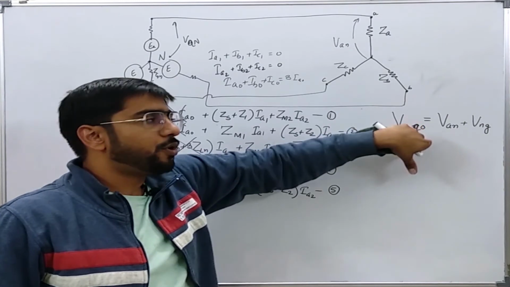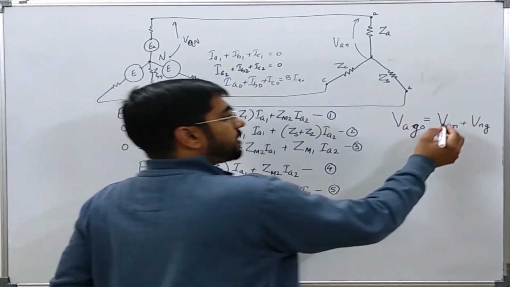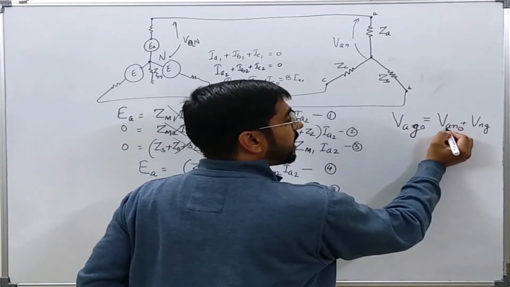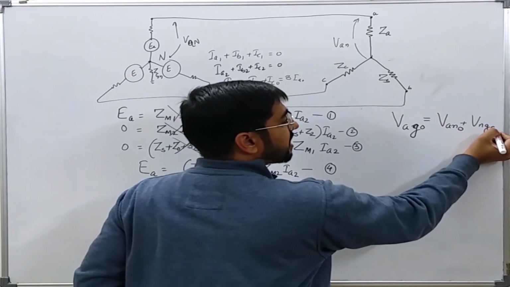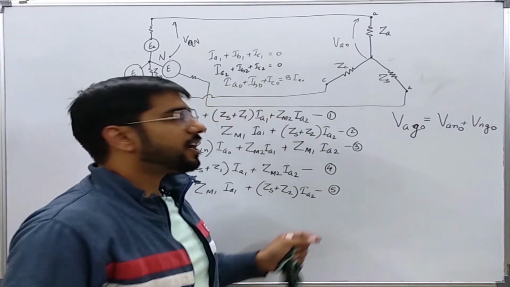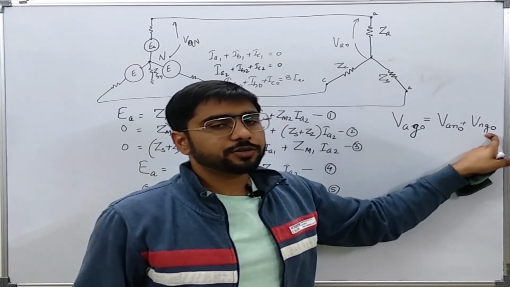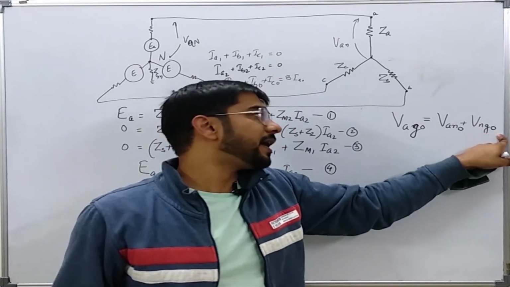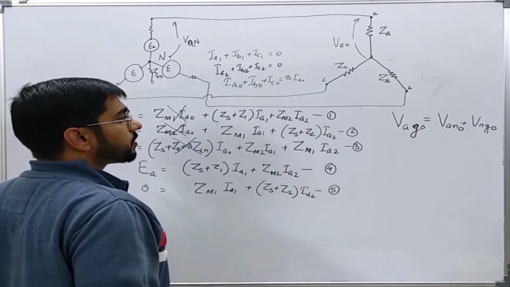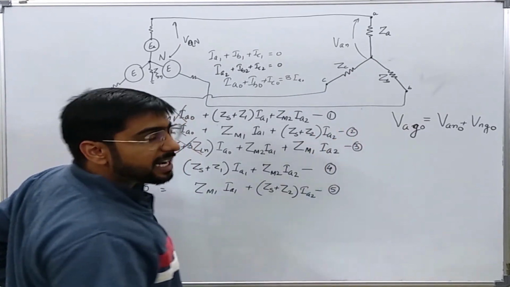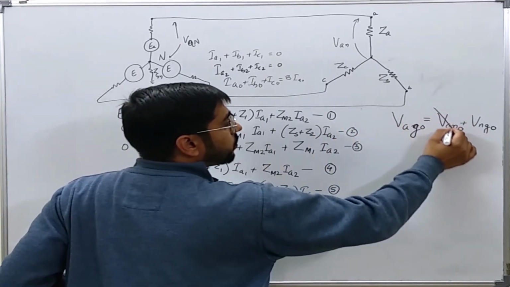The zero sequence component can be written as the zero sequence component of VAN and the zero sequence component of VNG. Now we know that it is only a zero sequence component because it is created by the zero sequence current if they have any path. Since these are not having any path, this term is equal to 0.